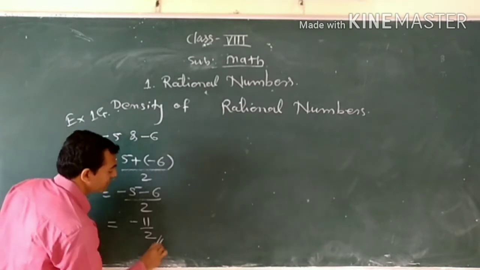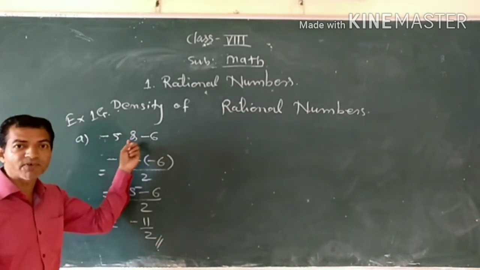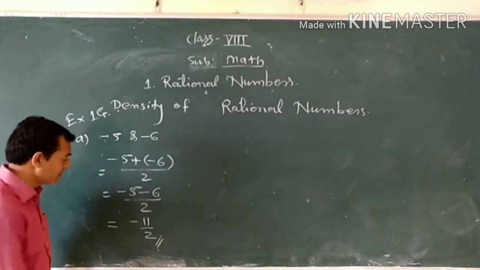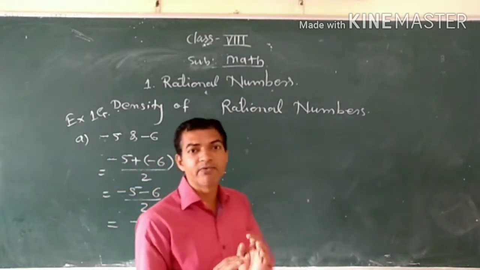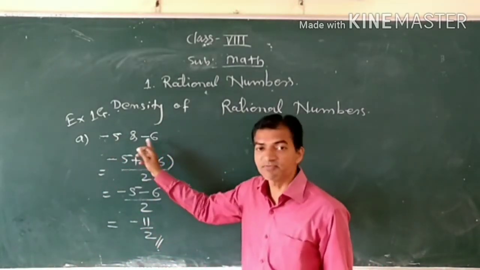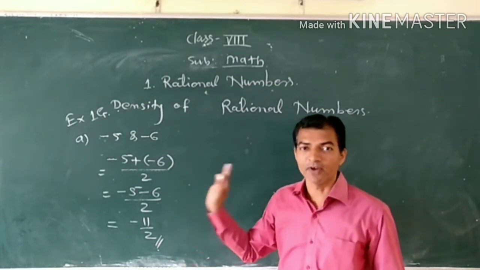So this is the answer. In between these two rational numbers -5 and -6 there is a rational number and that is -11 by 2. This is exactly between the two rational numbers -5 and -6. Understood this one? In this way you have to find the answer.